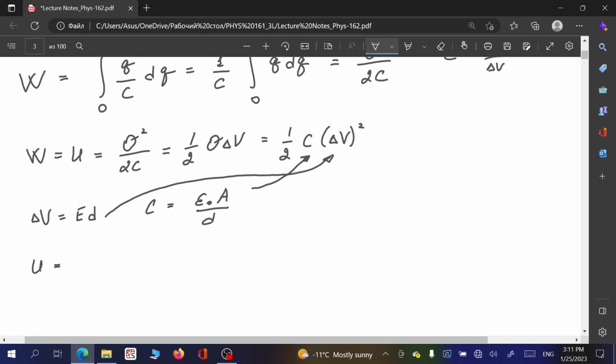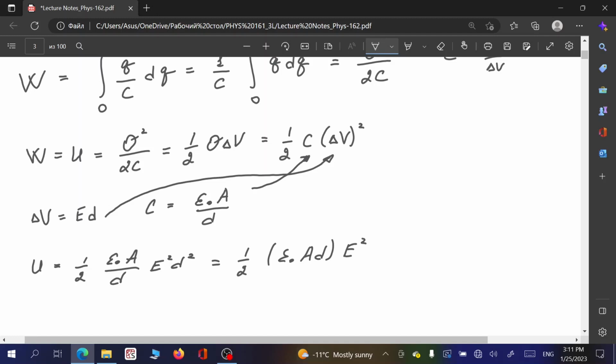So it will be 1/2 epsilon naught times A over D, and E squared times D squared. So eventually we can write 1/2 times epsilon naught A times D times E squared.